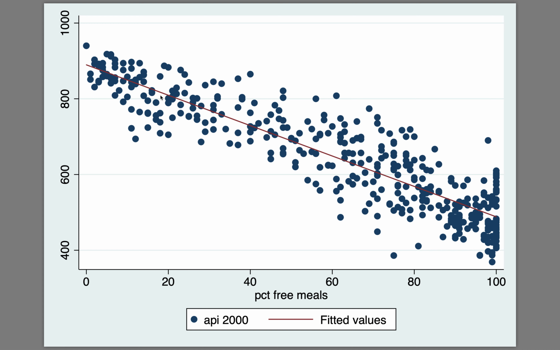If you were to draw a line through this data, this is the line that best explains, that can best predict the data that we have. So this is the line of best fit.